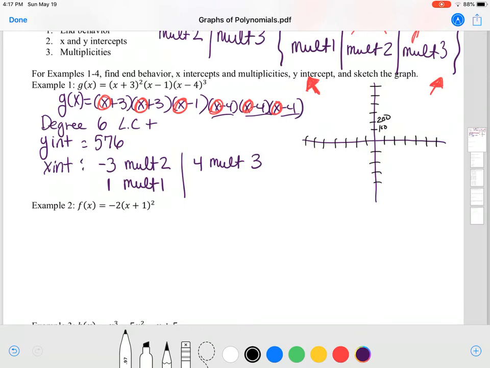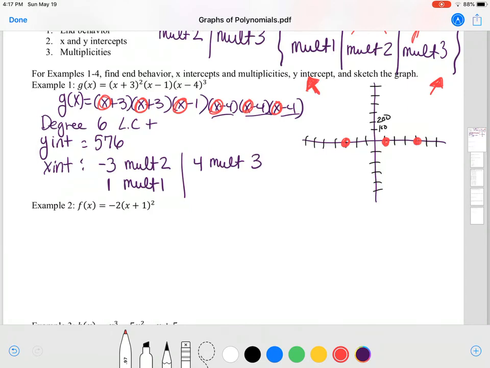Okay. So my y scale is going to go by 100s. Now, let's plot our x-intercepts. I have an x-intercept at negative 3. I have an x-intercept at 1. And then I have an x-intercept at 4.